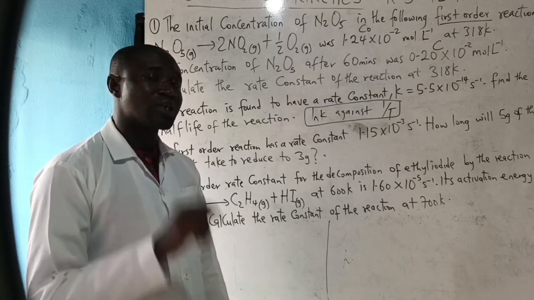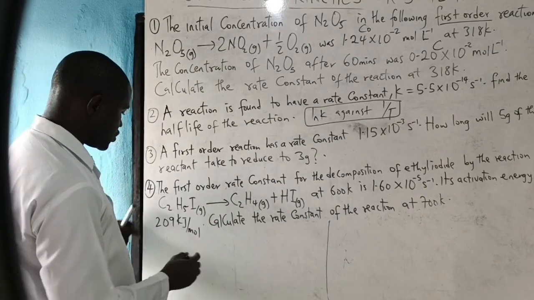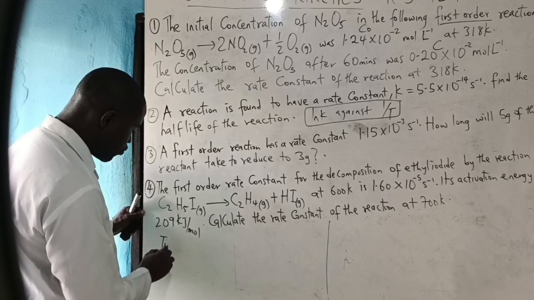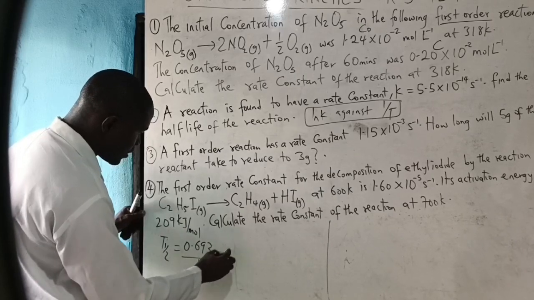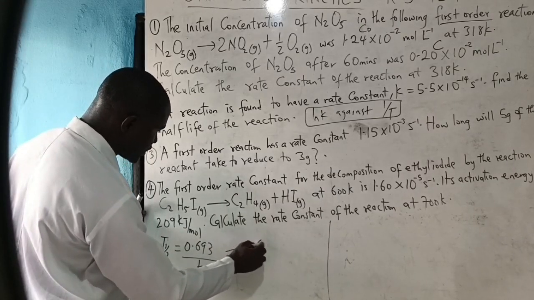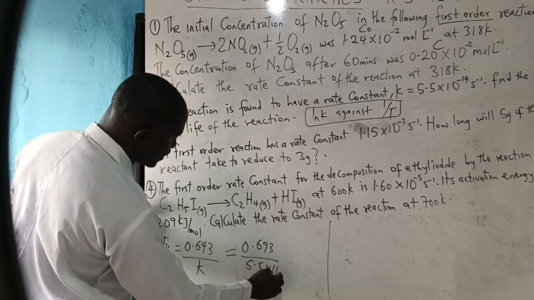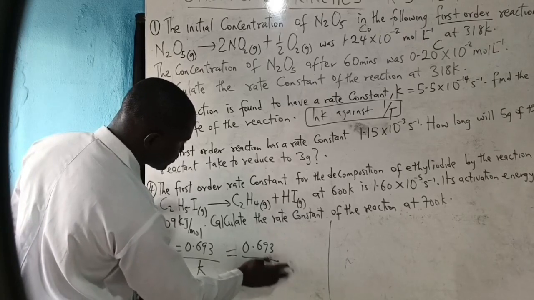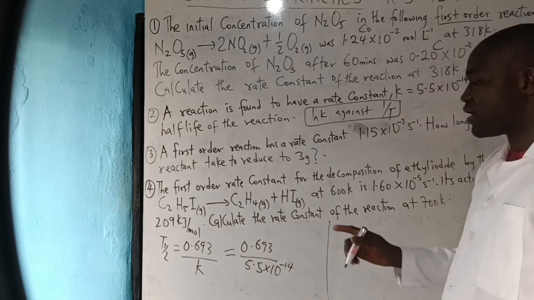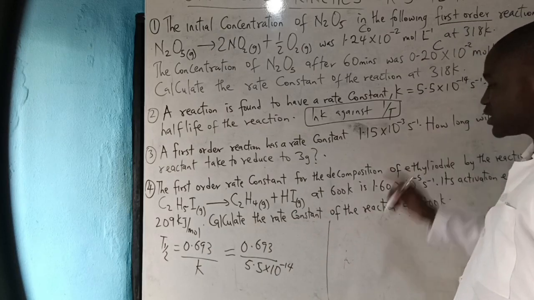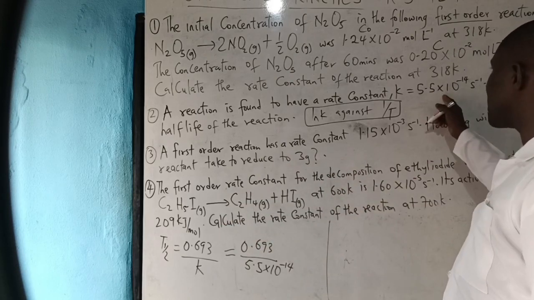That is the unit of K. And we now say since it is in per second, that means the half-life we will use will be the half-life of first order, which is 0.693 all over K. And what will it give you? 0.693 all over 5.5 times 10 raised to the power of minus 14 per second. Remember the unit of half-life is second, but here the K unit will be per second.